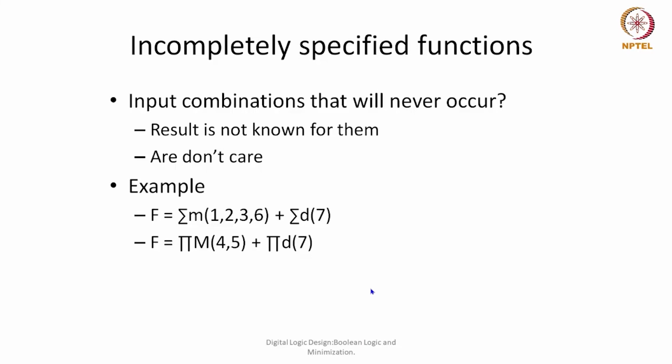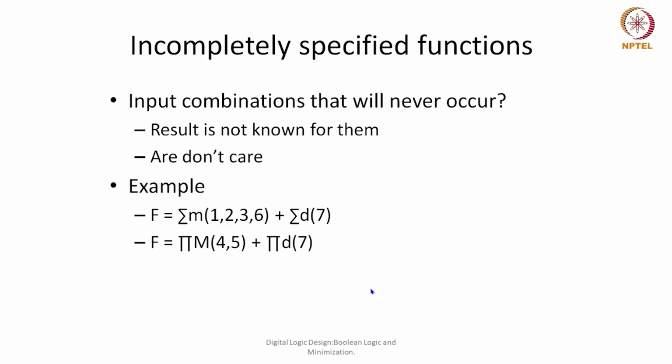What if certain input combinations are not there, or their result is not known? There are two possibilities. One, that we don't know the results. The second is that those input combinations will never occur. In those cases, it doesn't matter what the output is for those input combinations.